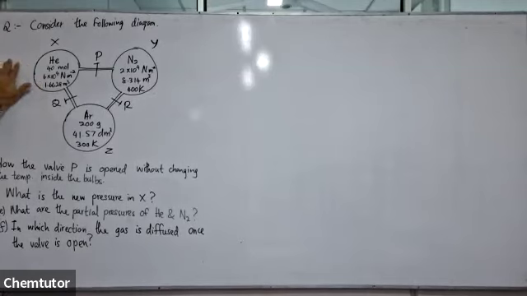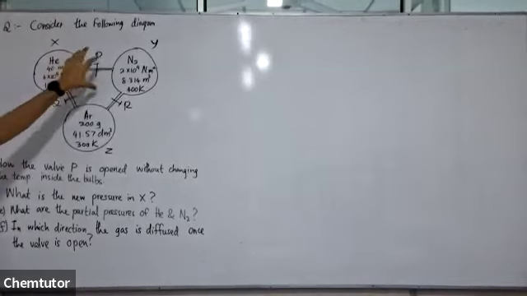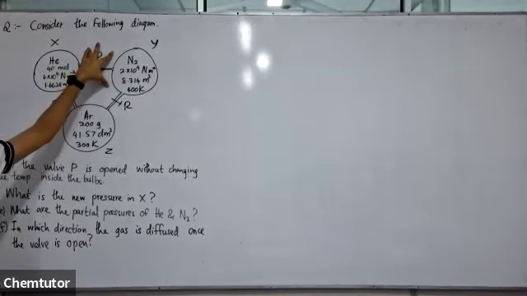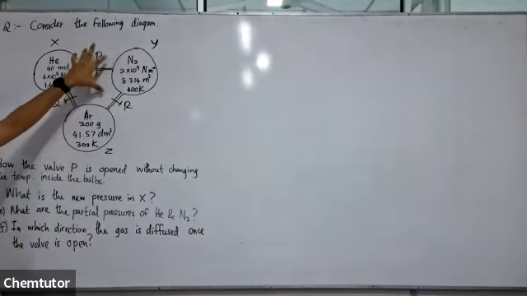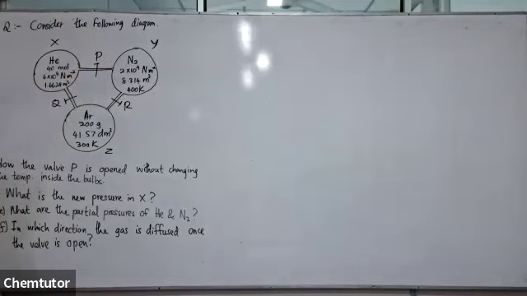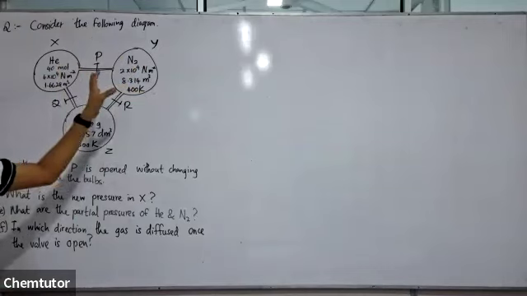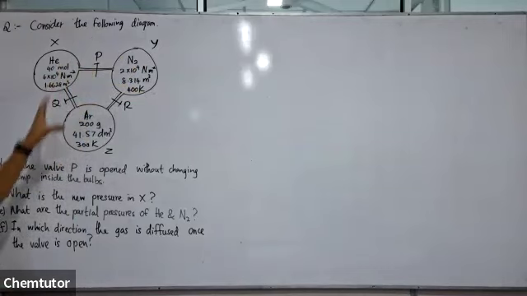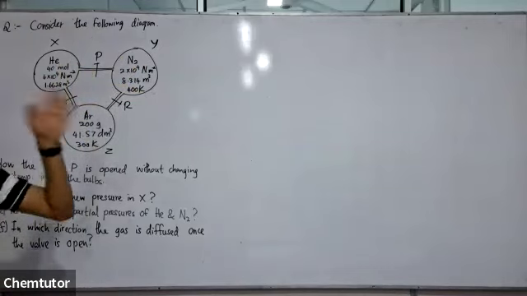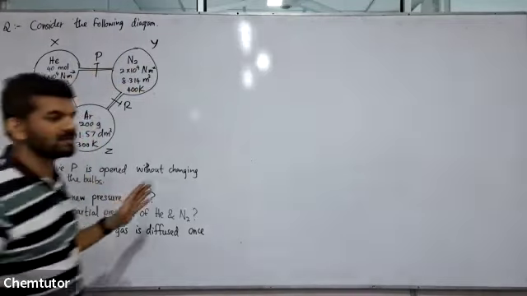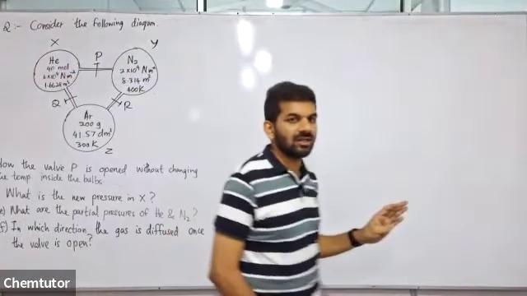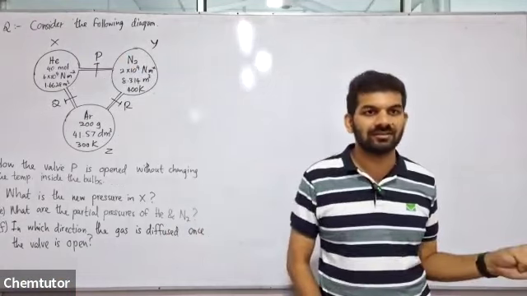Now here we open the valve P. What will happen once we open the valve P? There will be mixing of the gases, helium and nitrogen, with each other. That mixing takes place by flowing the gases here and there. But we know that gases under high pressure will flow towards the low pressure direction.